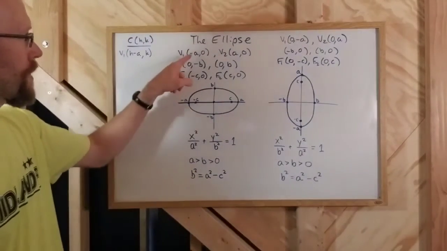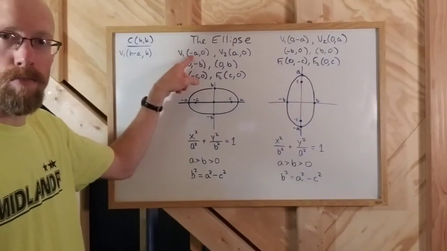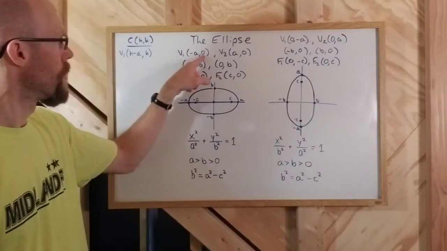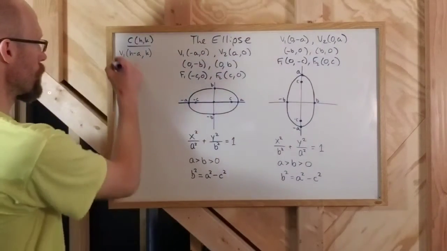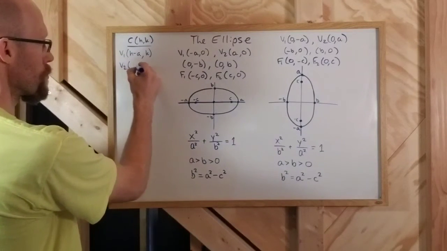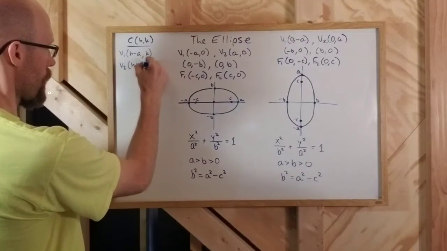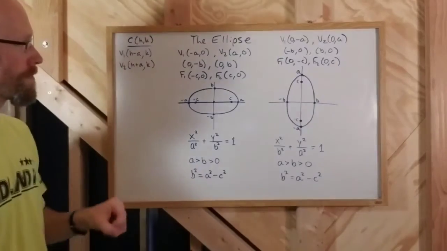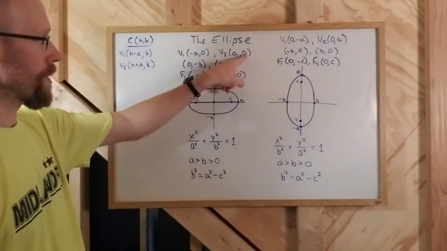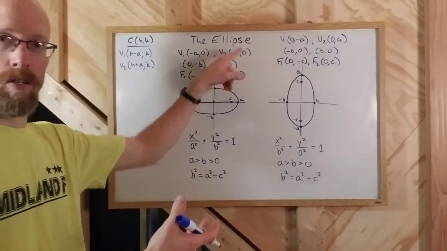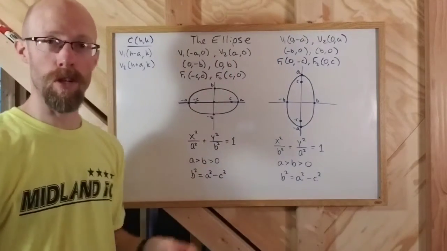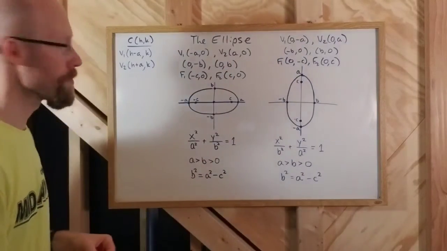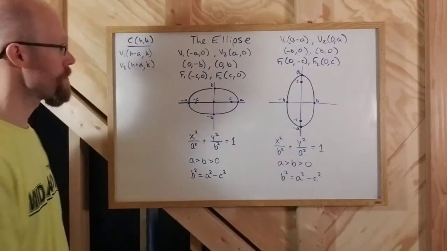If I add h to negative a, it's just h minus a. And then add a k there. Vertex 2 would become h plus a, k. So I'm shifting the y direction vertically k units and the x direction, I'm sorry, horizontally h units.